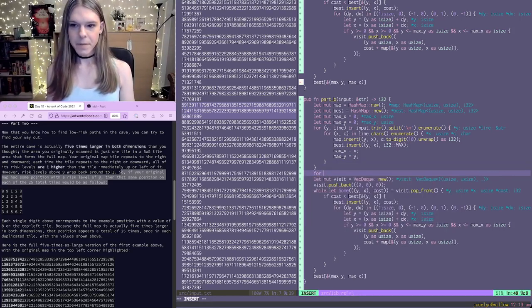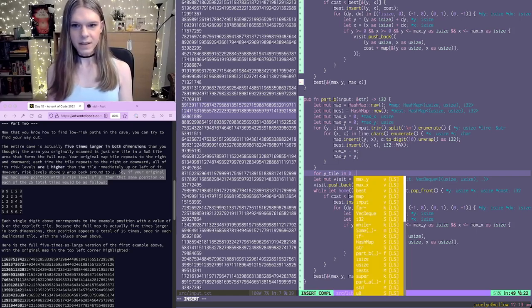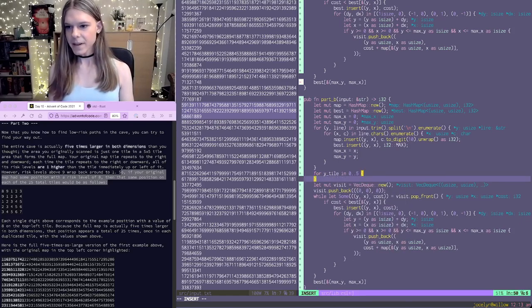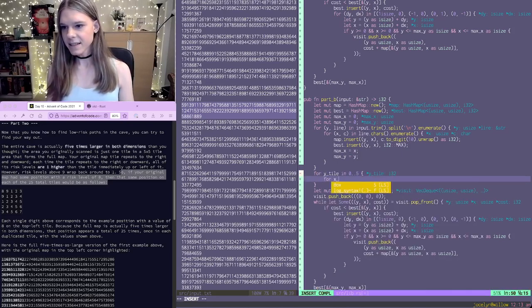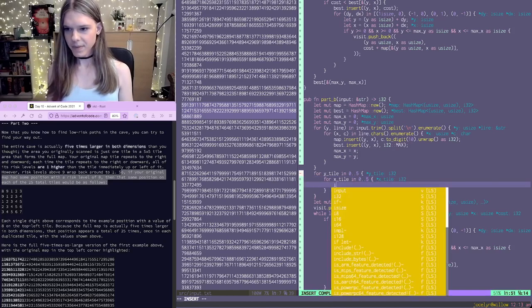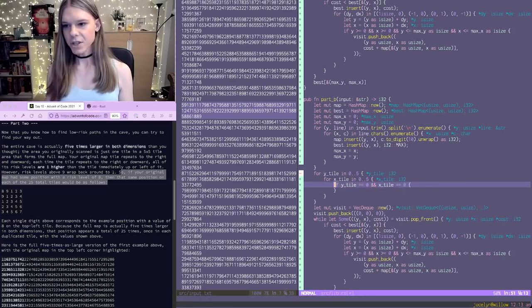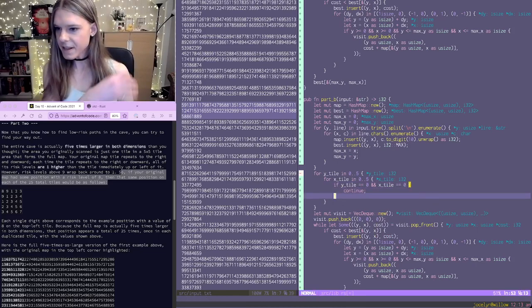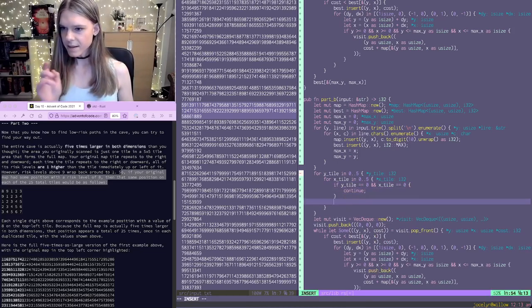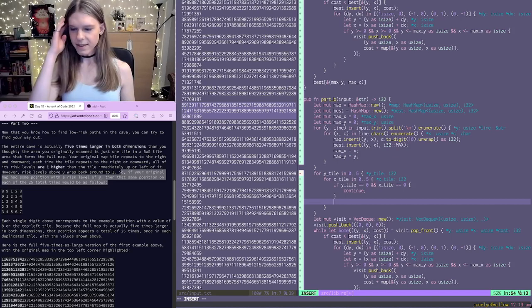So for Y tile in 0 to 5, or 0 to 4, I guess, and then for X tile in 0 to 5, if Y tile is 0 and the X tile is 0, then that's just the original and we can continue. But for all the other things, we just need to recreate it.